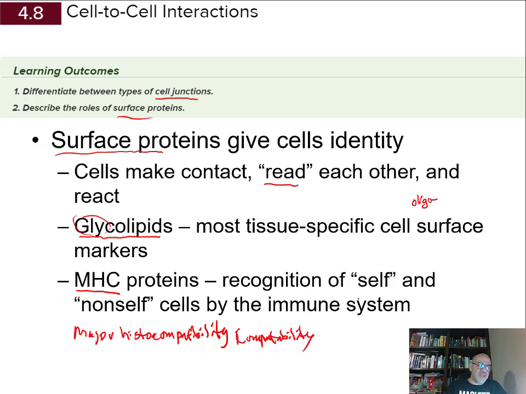These generally allow your body to recognize self from non-self, from things that might invade, like a bacteria or other things that get in you that don't have these types of proteins. It allows your immune system to recognize, hey, this tissue or these cell types belong here, but this other thing doesn't belong here. And so the MHC stands for that big word there. But all of these things are located on the surfaces of your cells.